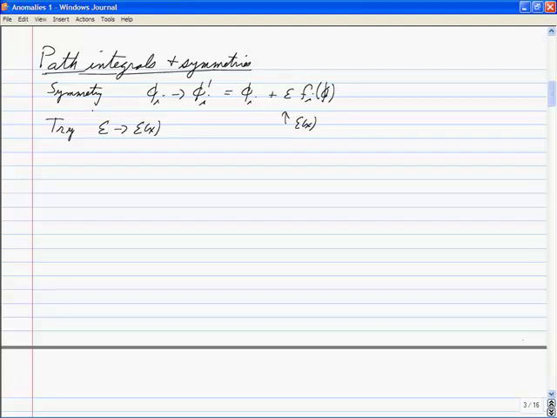Well, you define the current as the variation of the Lagrangian in terms of phi primes with respect to d mu epsilon of x.